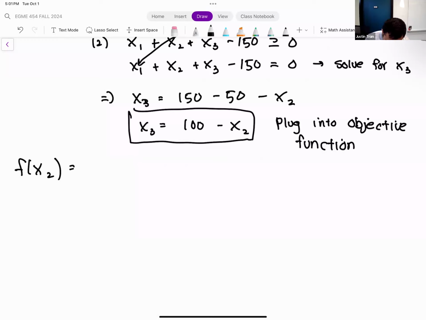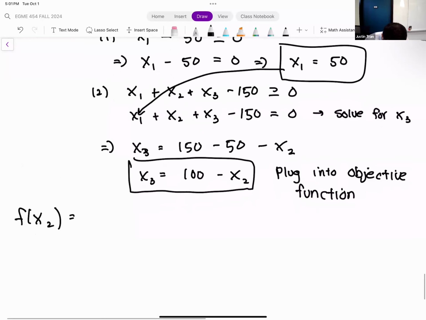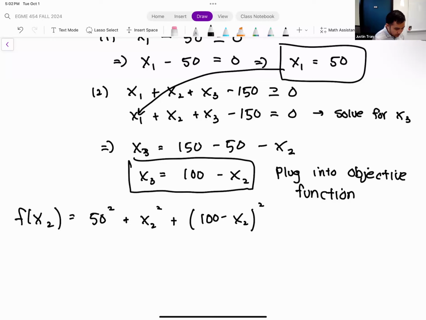So first we have x1 squared. x1 in this case we know is 50, right? So it's 50 squared plus x2 squared plus quantity x3 squared. So x3 in this case is 100 minus x2, squared. Then we have the storage cost terms, and the storage cost terms are 40 multiplied by x1.